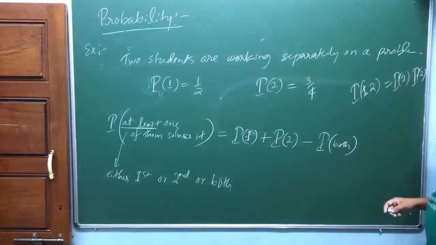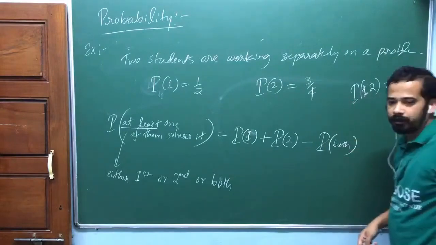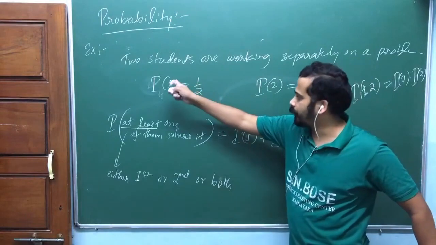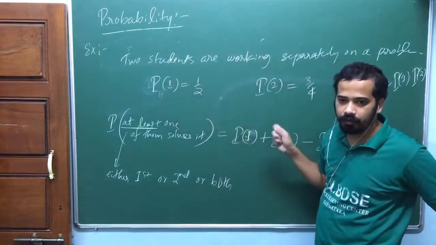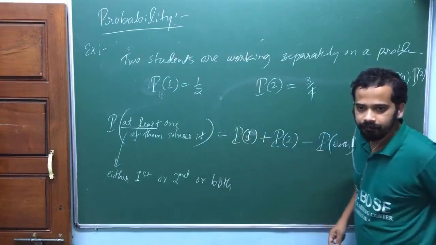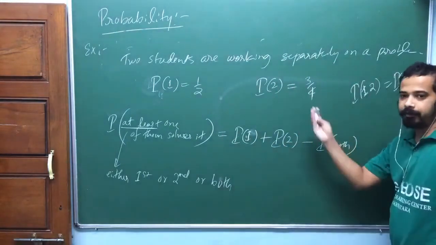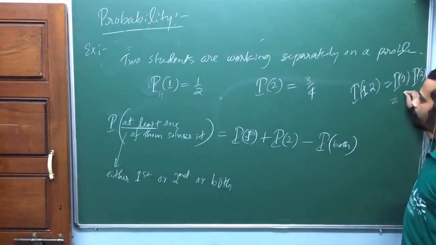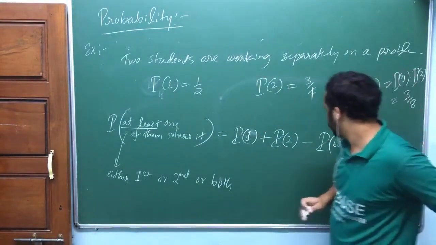What is the probability that both of them solve the problem? What is the probability that the first student and the second student solve the problem? That's a multiplication of these two, first theorem. A and B, first student and second student. That's just multiplication. That's equal to 3 by 8. Am I right?